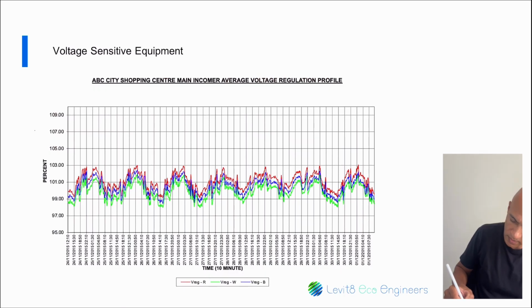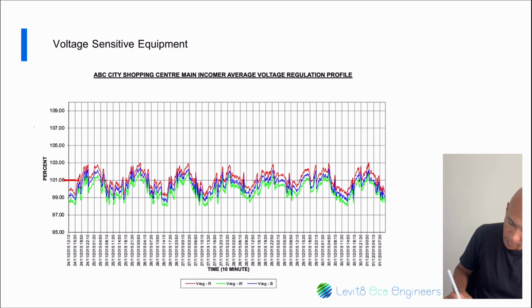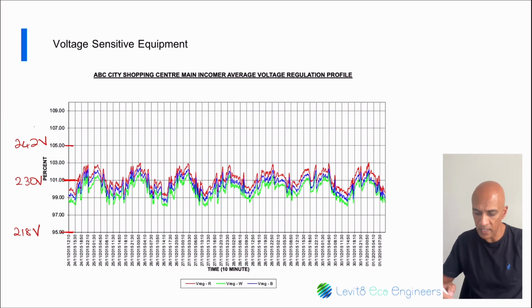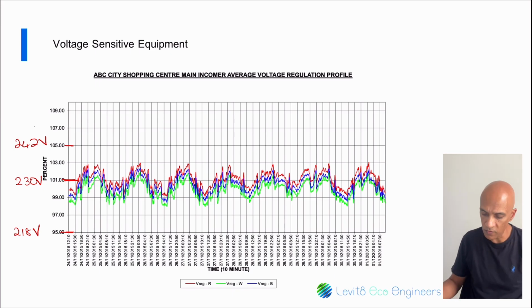So if we look at this profile here, we have 100% here, which would be, in our case, 230 volts. And then if we go 5% above here, which will give us 242 volts, okay? And if we go here, minus, 218 volts. So if we have equipment that's sensitive and that's going to go out of those limits, then we want those events to be triggered. Okay.